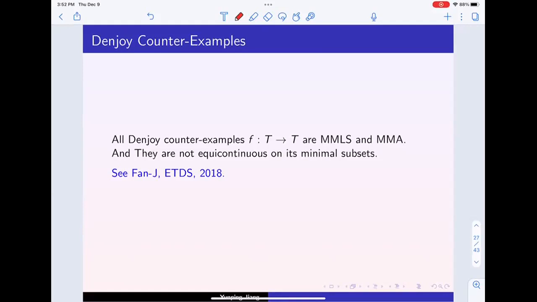So all the Denjoy counterexamples are actually MMS and MMA, and they are not equicontinuous even on the so-called minimum set. So a Denjoy counterexample has a minimum set, maybe not only one, but on the minimum set it is not equicontinuous. So that is one example.